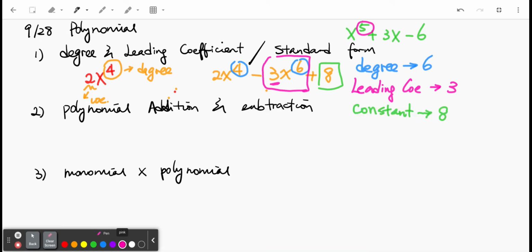Our leading coefficient should be the number with x to the power 5, right? But there's no number in front of x. That means our number is 1. So our leading coefficient should be 1. And our constant is the number by itself, which is -6.